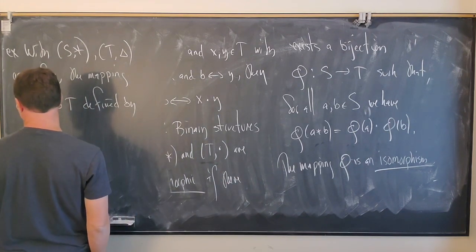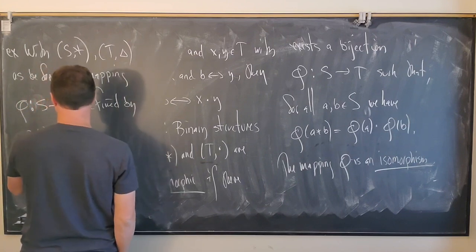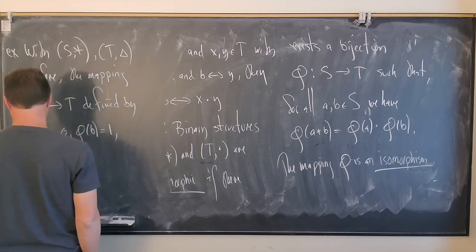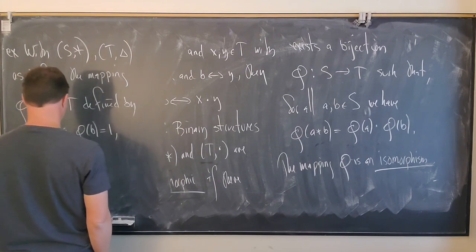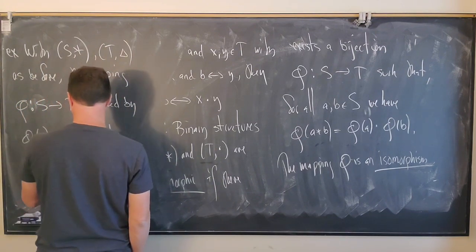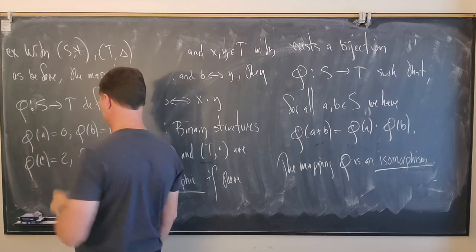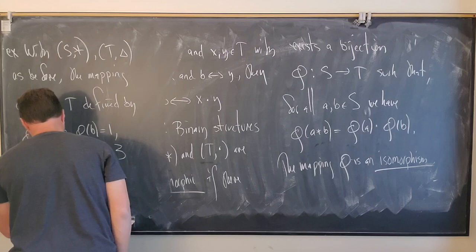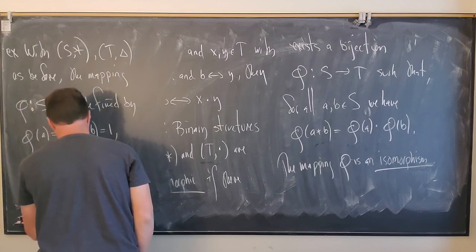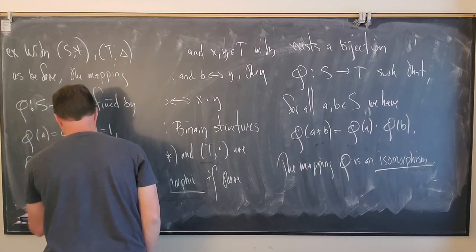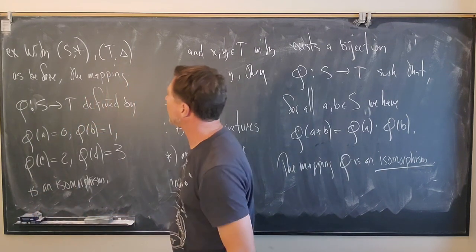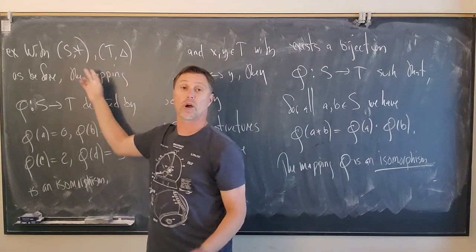Phi of, what are the elements? A, B, C, and D. Okay, so phi of A equals 0, phi of B equals 1, phi of C equals 2, and phi of D equals 3 is an isomorphism. And when we have an isomorphism, what we said then is that the two binary structures are isomorphic.